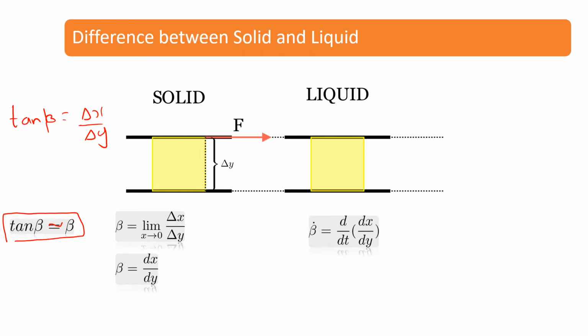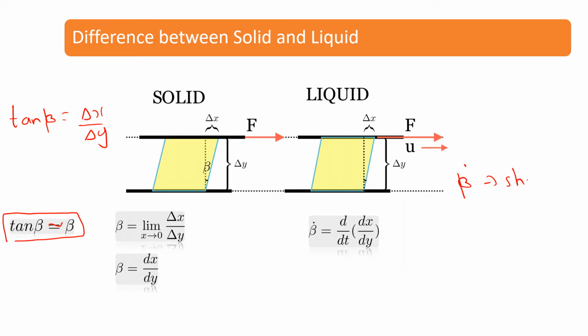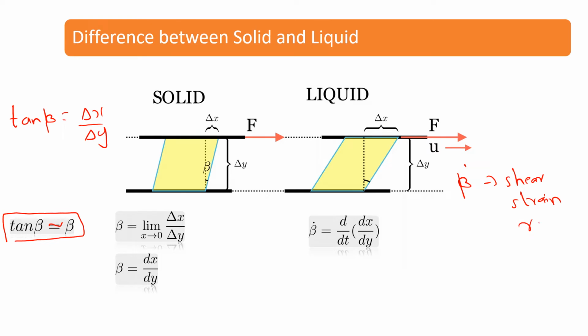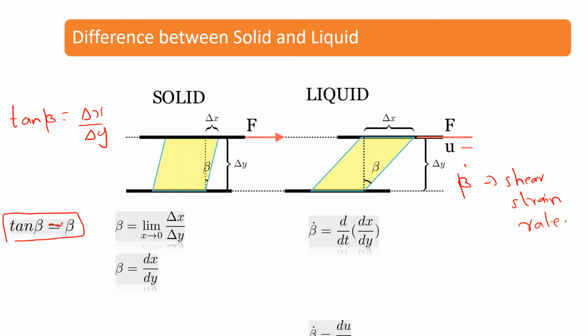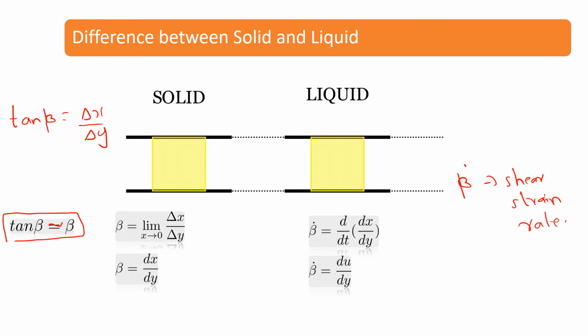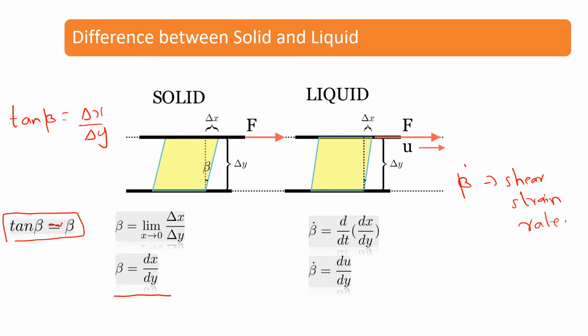So in fluids, we are not taking shear strain, we are taking shear strain rate, that is beta dot. That is equal to d by dt of dx by dy, which is equal to du by dy. That is very important. In solids, we take beta, that is shear strain, and in liquids, we take beta dot, that is equal to du by dy.